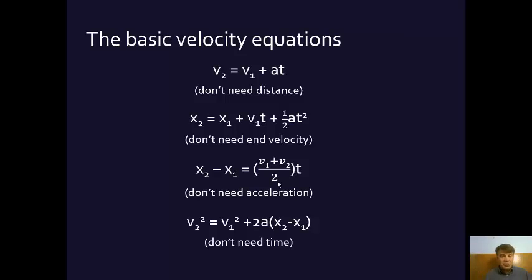Basically, these are various velocity equations that you can use in order to find how far, or what closing velocity, or what the acceleration is, and so forth. So this is the fourth section of Young and Freedman's University Physics, Chapter 2.